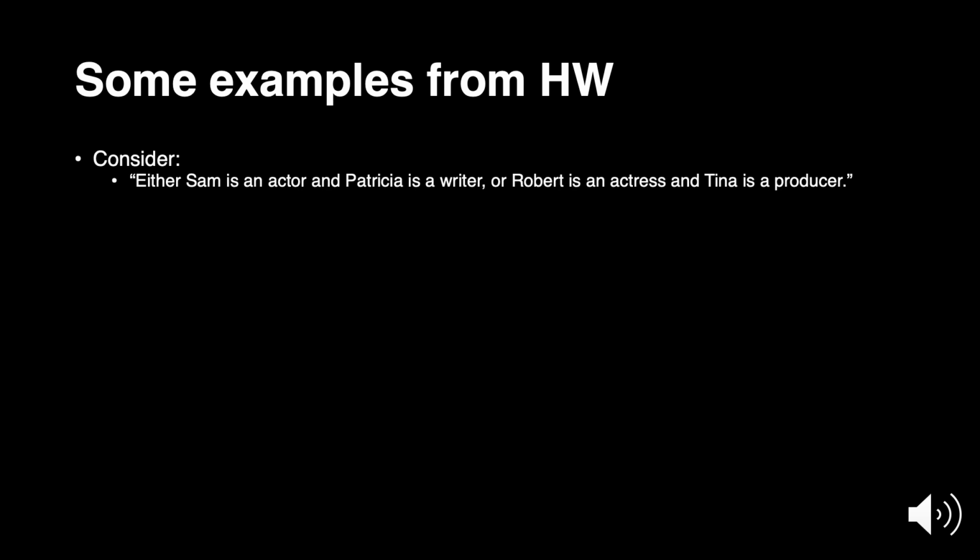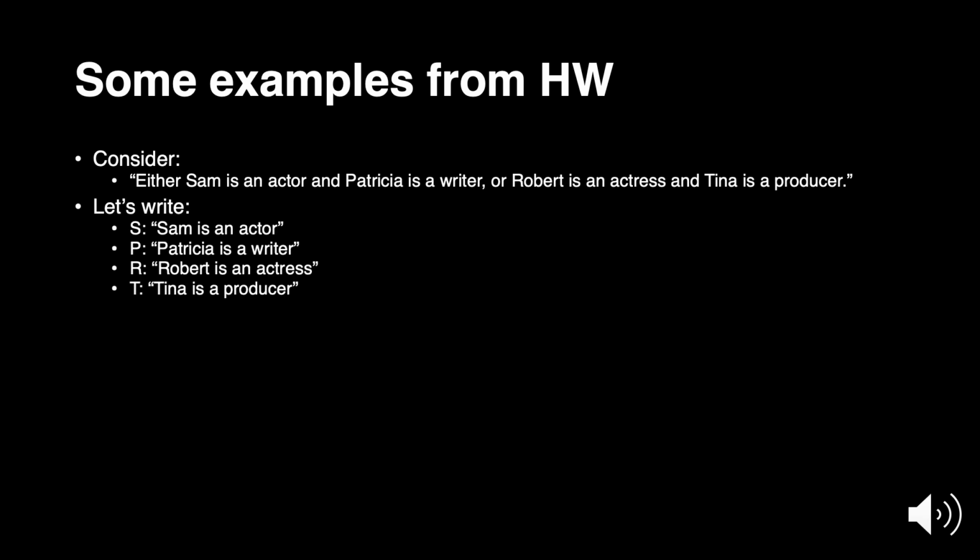Okay, consider this sentence. Either Sam is an actor and Patricia is a writer, or Robert is an actress and Tina is a producer. To simplify this sentence, let's introduce letters to represent these long sentences.